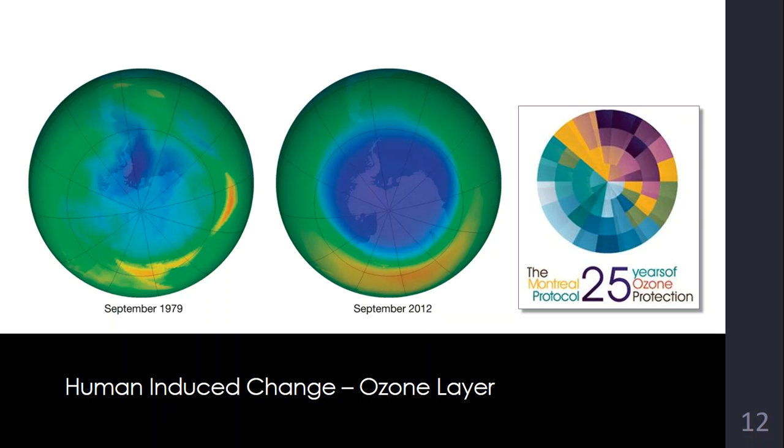The world got together and made the Montreal Protocol and stopped releasing those chlorofluorocarbons. So international treaties do work sometimes, but you can see that hole in the ozone layer, which is over the poles, from 1979 to 2012. Those chlorofluorocarbons take a really long time to come out of the atmosphere. They have a really high residence time, it's called.